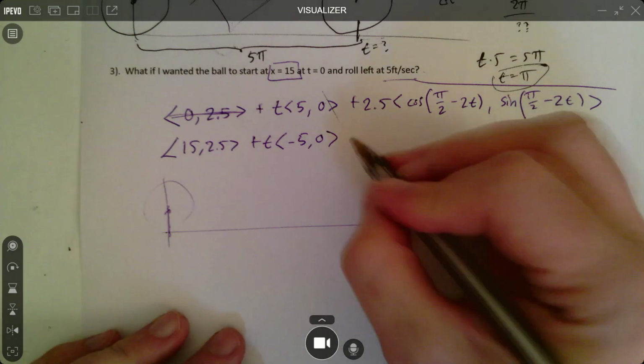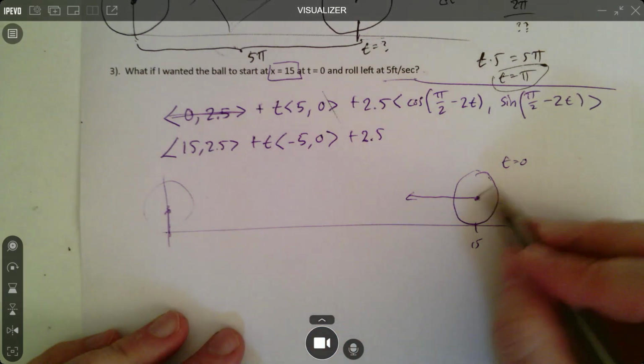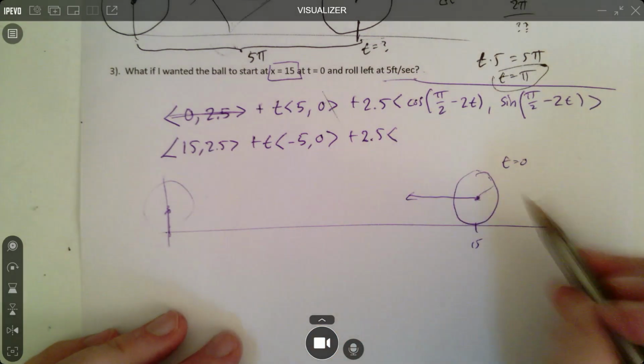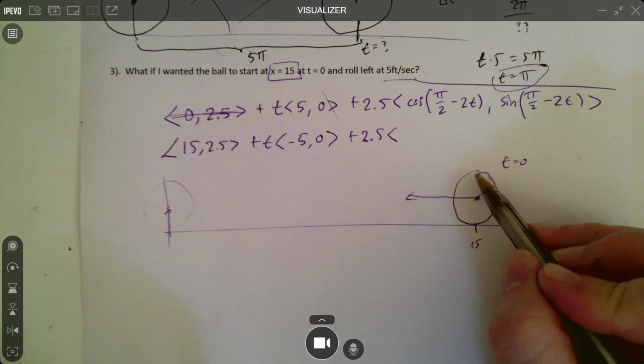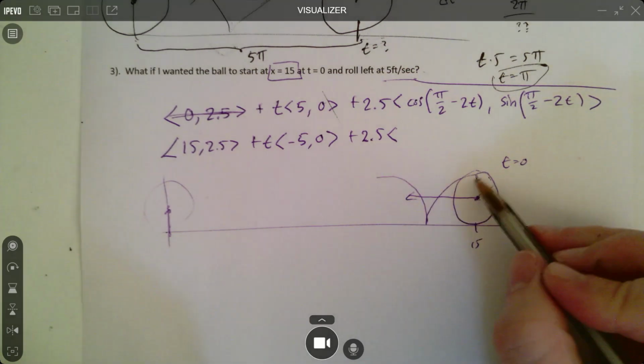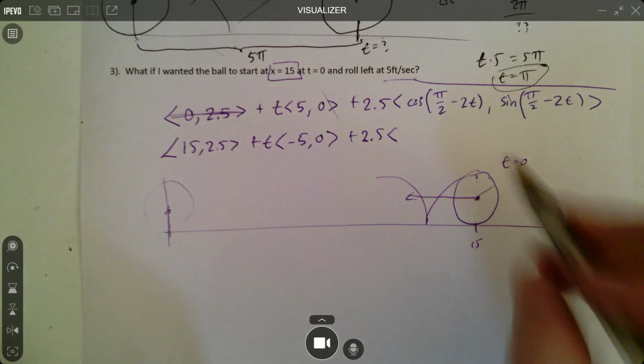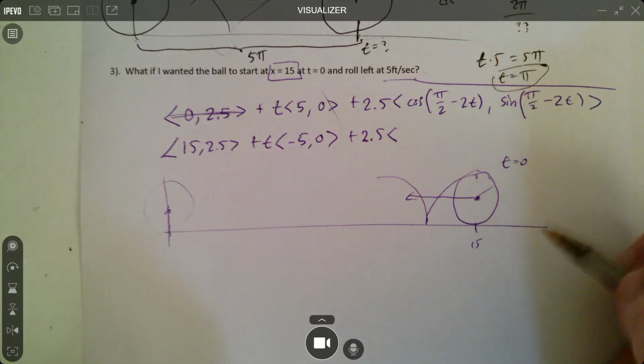All right, what about the rotation? The 2.5 is still the same because the radius of the circle is still the same. Only now, a couple of things are changing. As time increases, I want to be rolling this direction, so that means the rotation needs to be counterclockwise. So it's like we had at the very beginning of the last video.